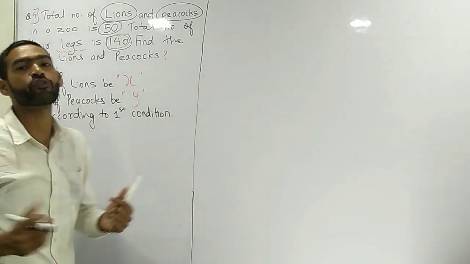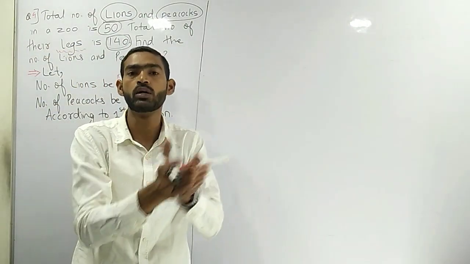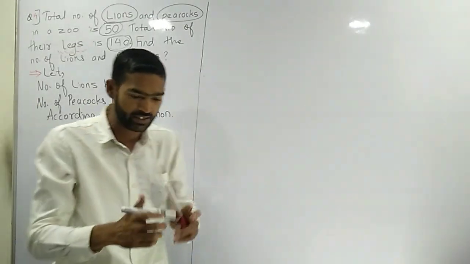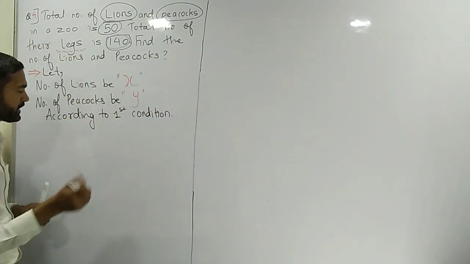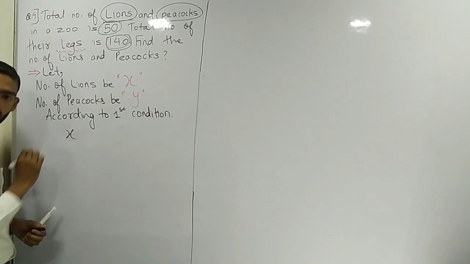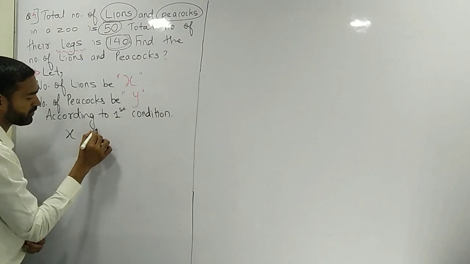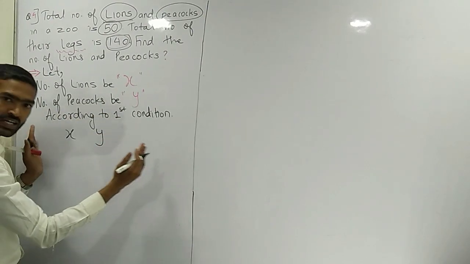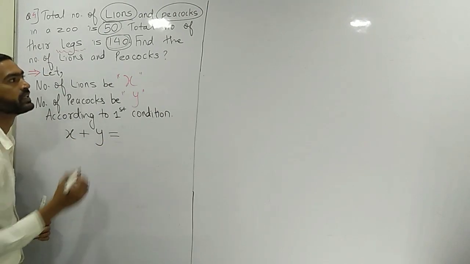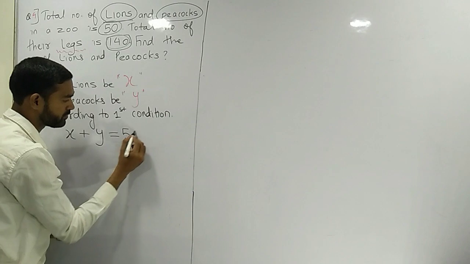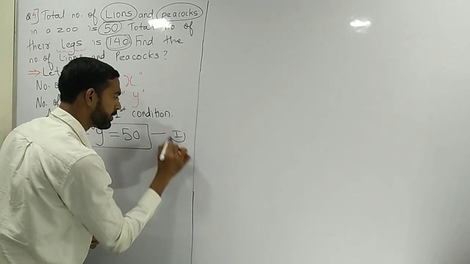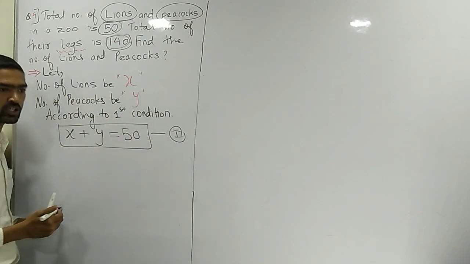It means if we put them together, all the peacocks and all the lions, the total number is 50. The number of lions is X. Similarly, the number of peacocks we have taken as Y. If we count them together, X plus Y is equal to how much? This will give you a total of 50. And this becomes equation number 1 from the first condition.